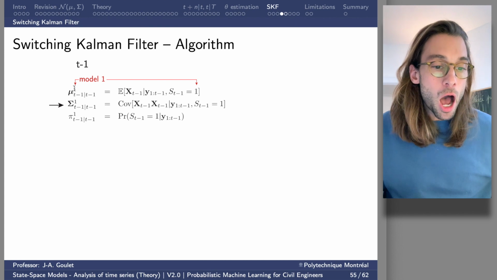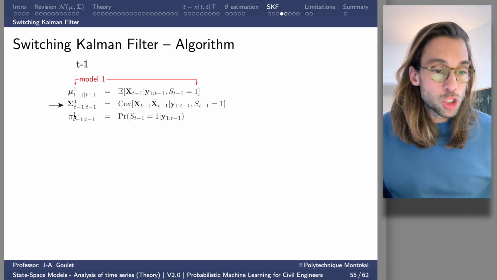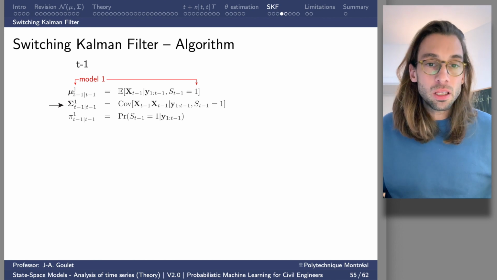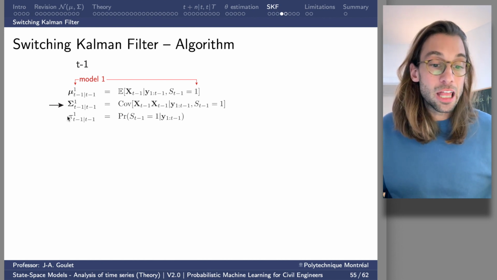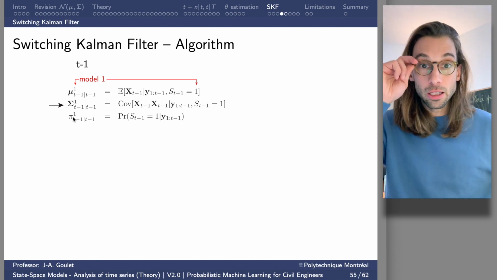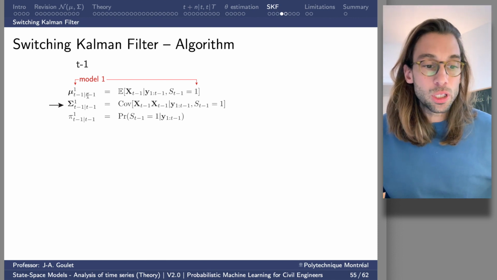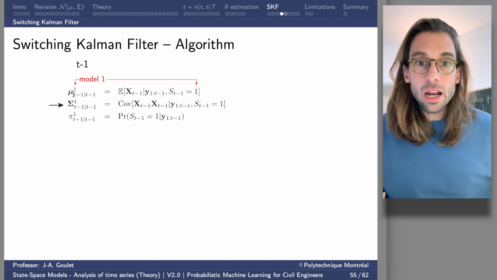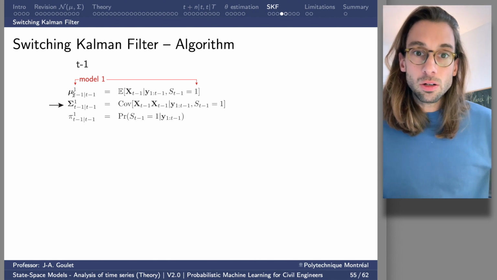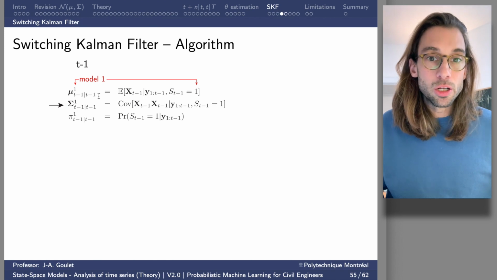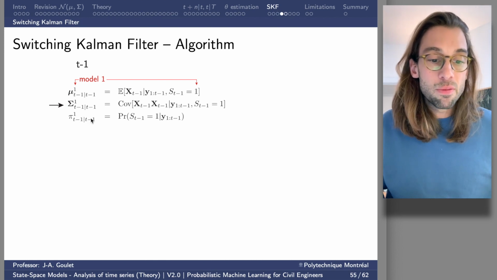So here my model 1 is going to be denoted by the superscript 1. Here I have 3 quantities I need to define: the expected value, the covariance, and the probability of that regime. Okay, so this is again the same notation as before. All the data for my expected vector at time t-1, given all the data up to time t-1. Same for covariance, same for probability.